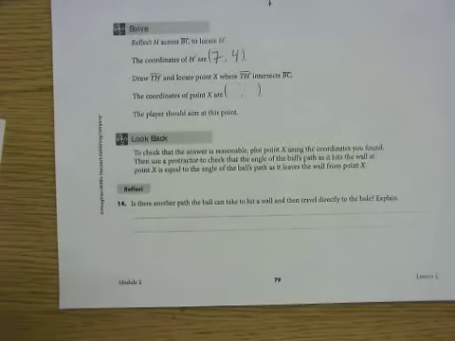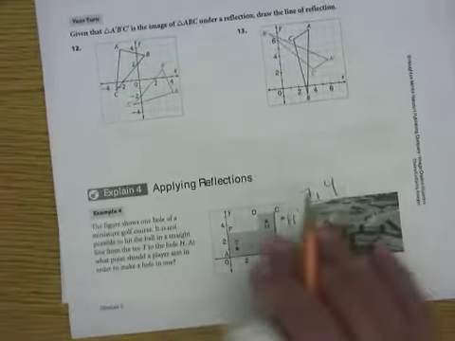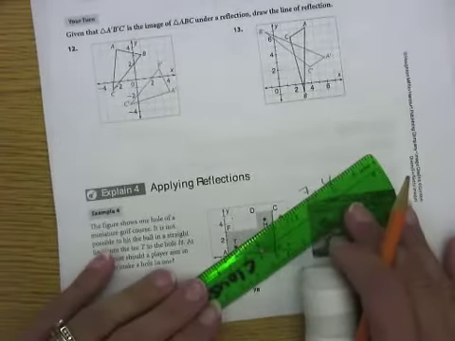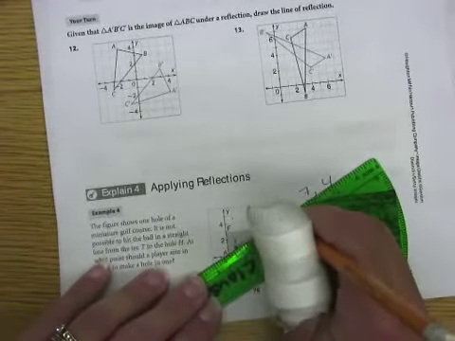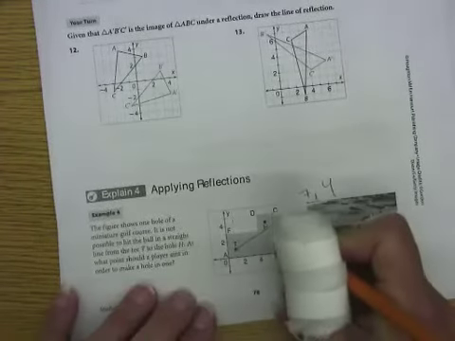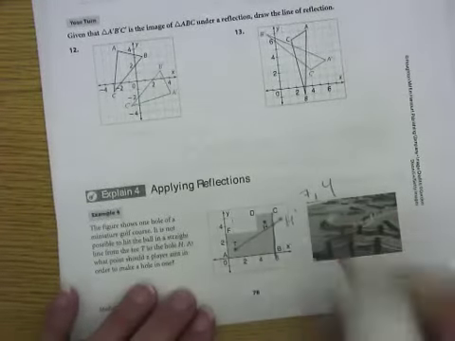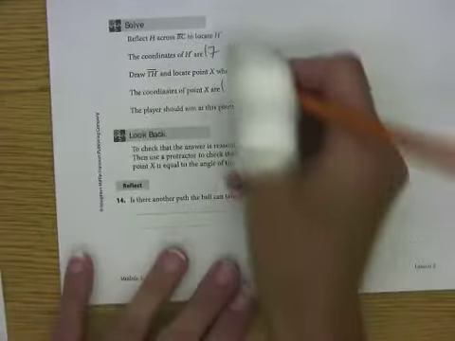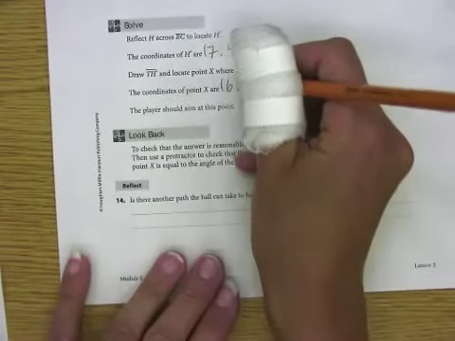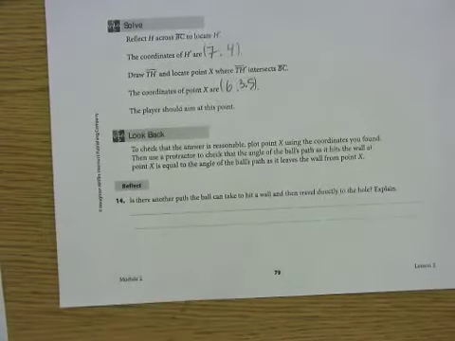Then they want me to draw TH prime and locate the point X where TH prime intersects BC. Okay, so from T to H prime is there, and they intersect here, and that looks like it's approximately 6, 3.5.